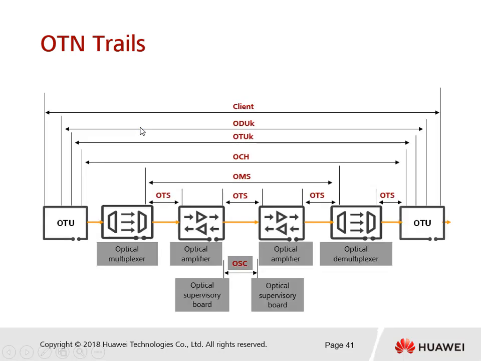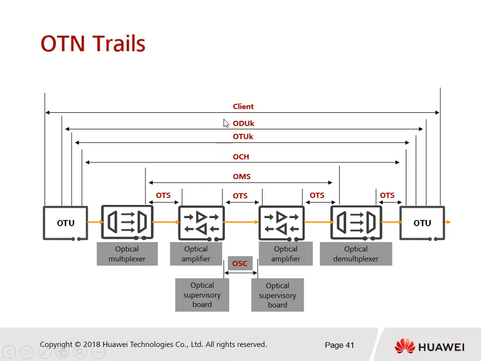So next, we can see the OTN trails again. For these OTN trails, we have client, ODUK. Client, you can consider it similar to the OPUK. And here we take the OTU board, for example. Also, we can use the tributary board plus the line unit board.